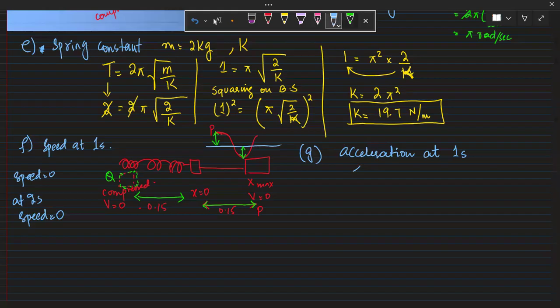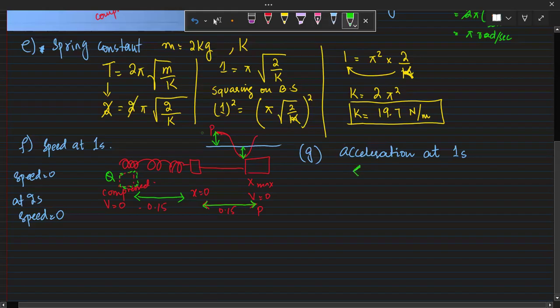So here we can write the sum of the forces. If we consider that as the net force, the spring force is there, so F equals ma, right? Now what we know is that F equals kx for the spring.